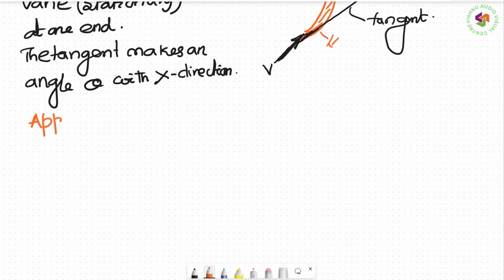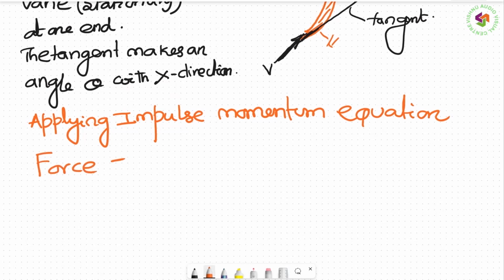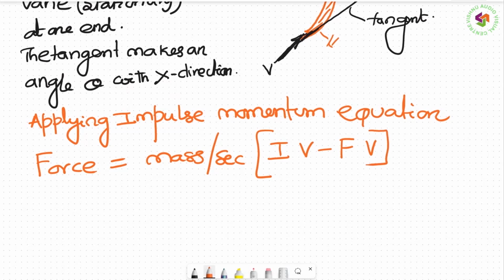Applying the impulse momentum equation, force is equal to mass per second into initial velocity minus final velocity.